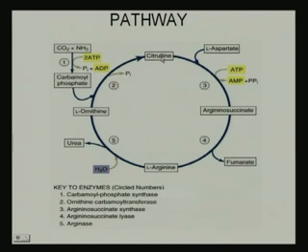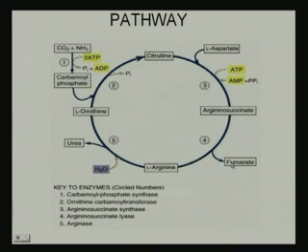As soon as citrulline is produced, in the presence of aspartate and the enzyme arginosuccinate synthase, and one molecule of ATP, it produces arginosuccinate. Arginosuccinate, in the presence of the enzyme arginosuccinate lyase, is once again split into arginine and fumarate.